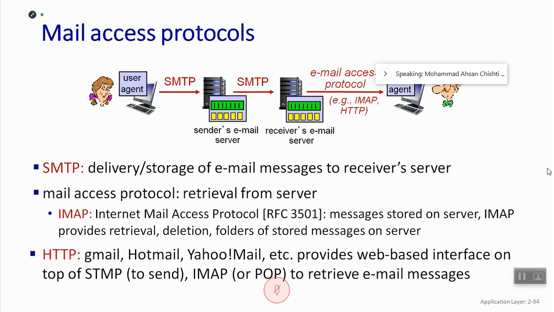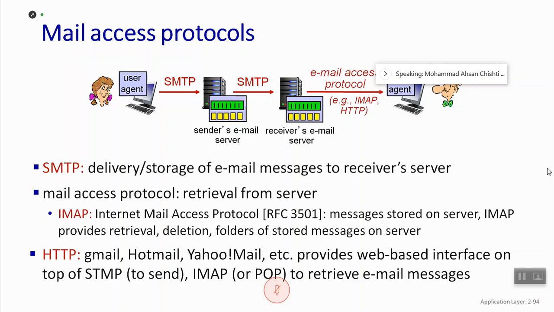Now, in this picture here, you can see that when Alice is communicating with Bob, Alice used SMTP to communicate with her email server. And when Alice's email server communicated with Bob's email server, it again used SMTP.